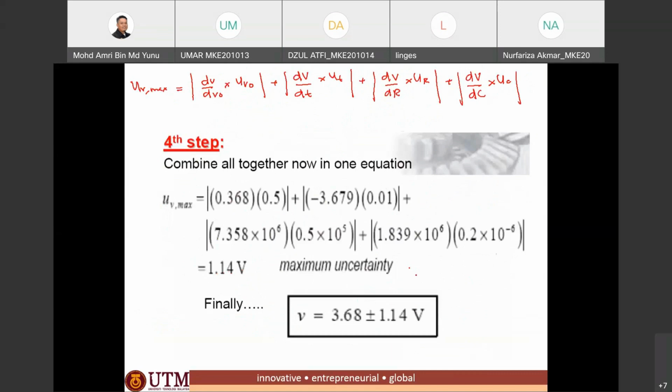So we can write the nominal value plus minus the uncertainty of V, so V will become equivalent to 3.68 plus minus 1.14 volt. So that's how we determine the uncertainty of our calculated variable value, based on the independent values and their uncertainties.